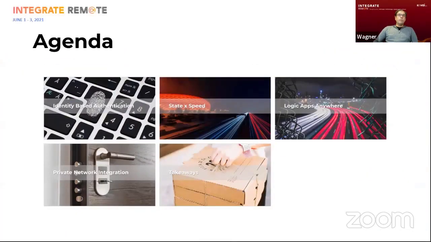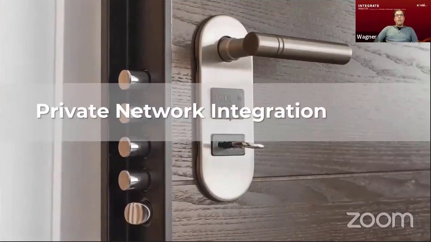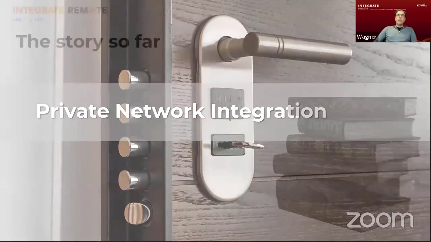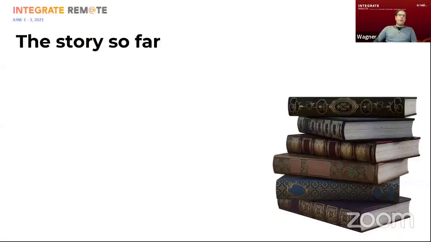So last but not least, let's take a look at private network integration and go quickly, because I know we have like 10 minutes to go max. The story so far was we only had the ability to do outbound integration, right? We didn't have any option for inbound.